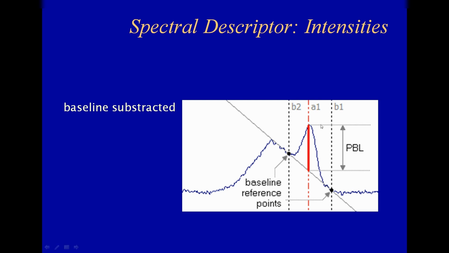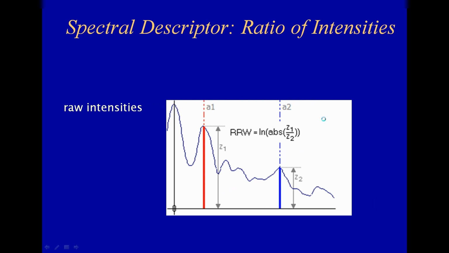Besides the intensities, ImageLab also supports the ratio of intensities. So you can just specify 2 wave numbers, for example this one and this one, and calculate the ratio of the raw intensities of those 2 peaks. Of course, there's a small problem.